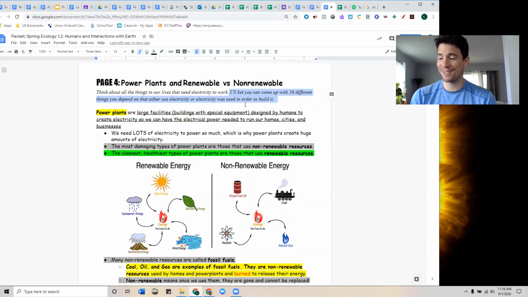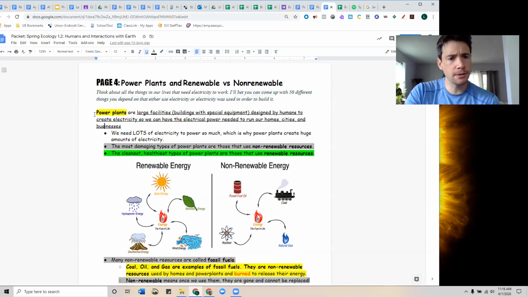Even if it's something that you don't plug into the wall, almost definitely electricity was used in order to build it. So something that I want you to think about, okay?